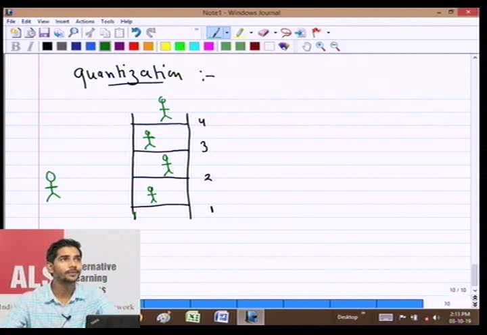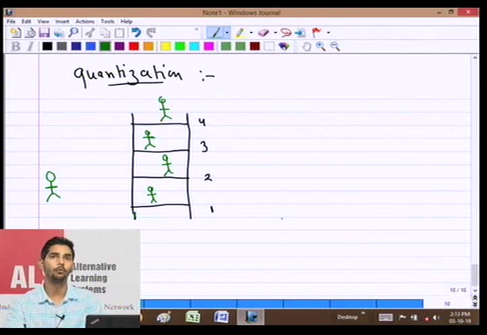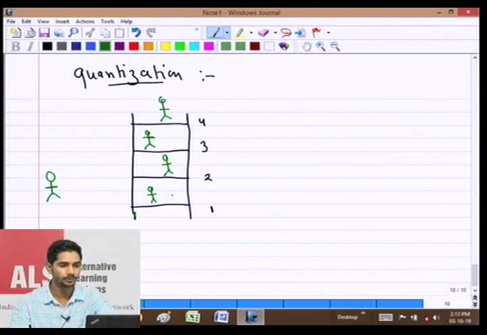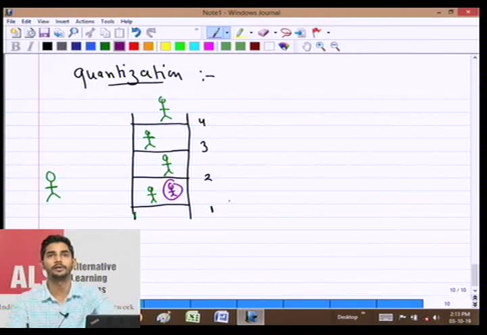What I am trying to say is that this person cannot stand between 1 and 2. This person will either be on 1 or 2 or 3 or 4. There is no possibility that he can stand in the air between 1 and 2.